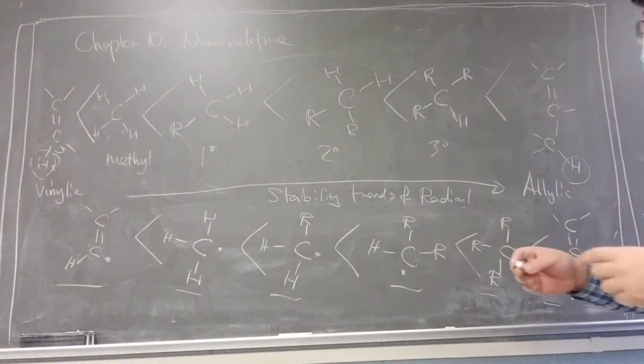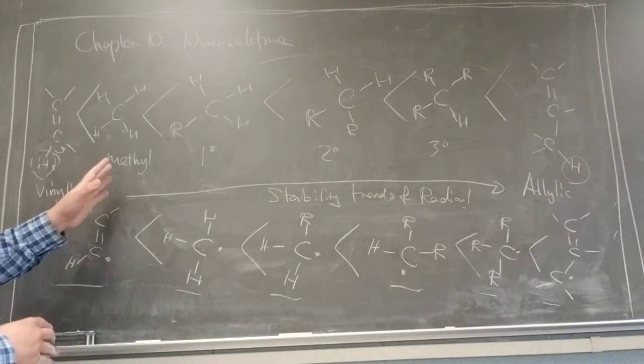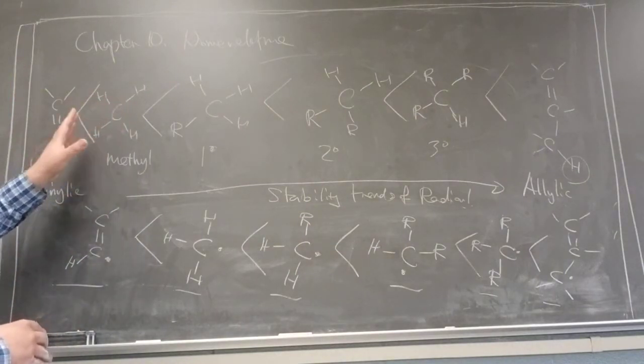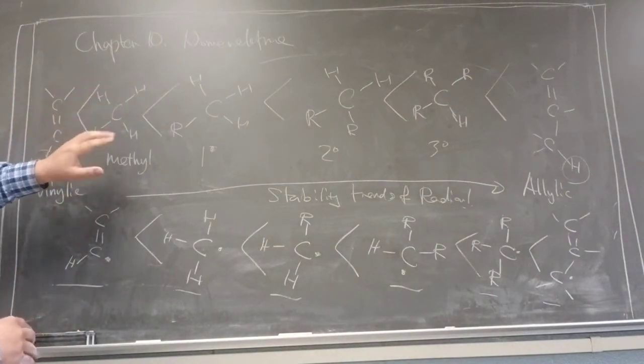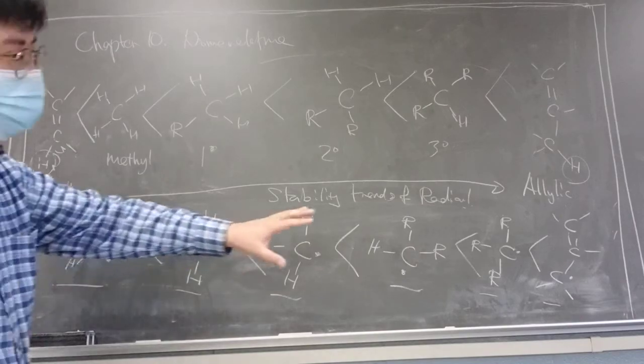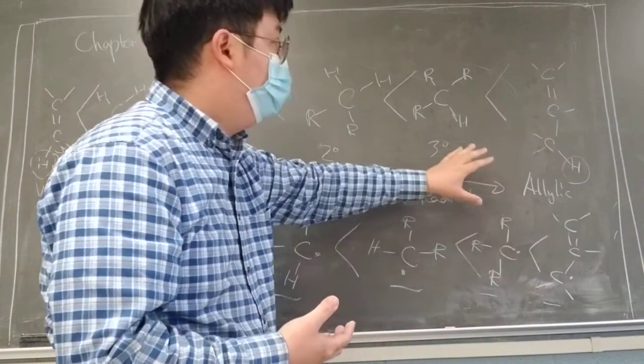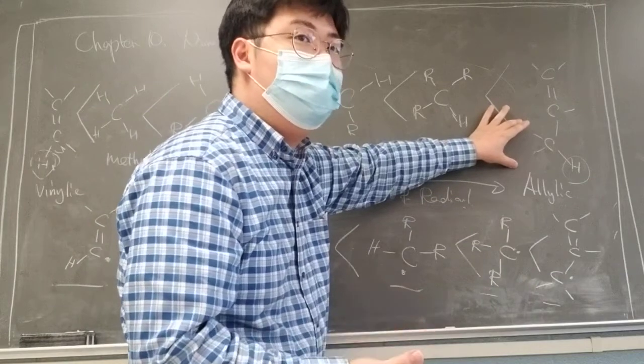Okay, so it actually makes sense. When they do the radical breakage and make a radical form, if it's more stable in the radical form, they tend to break the bond more easily.